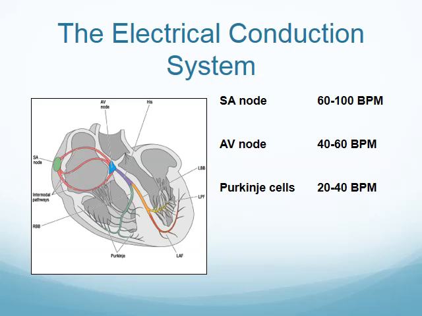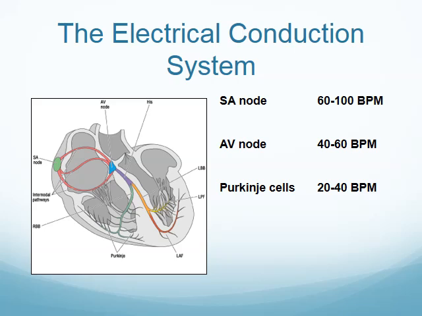There will be arrhythmogenic tissue that takes over pacemaker responsibilities, and it can provide a pacemaker at a rate that's fairly close to the SA node. If not, then the AV node will hopefully take over conduction, but it's not really able to keep up as much as the SA node is because it's not naturally a pacemaker. So it's only going to, in general, give us about 40 to 60 beats a minute.